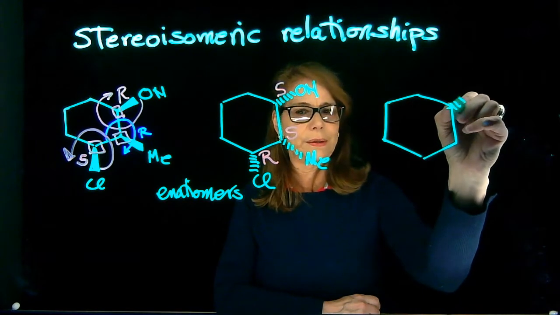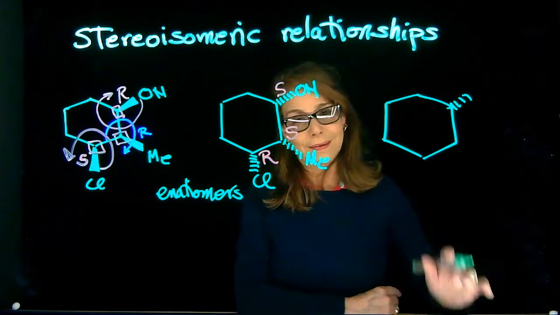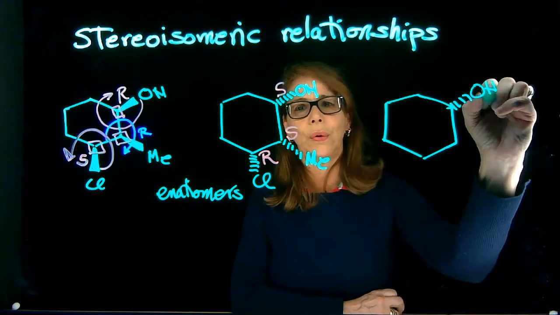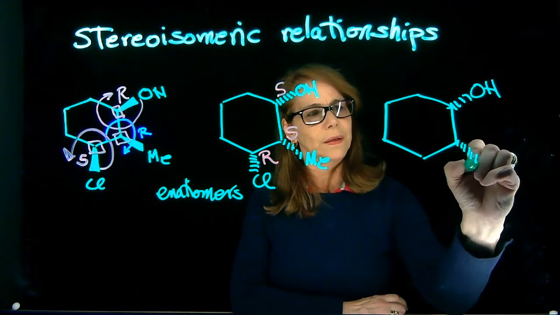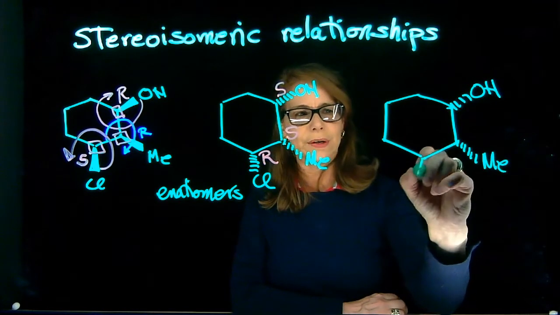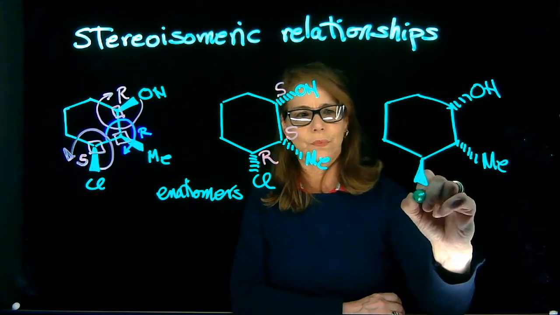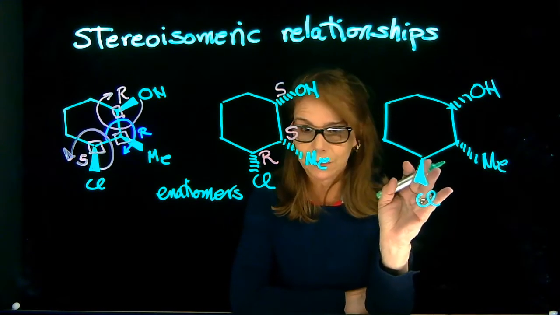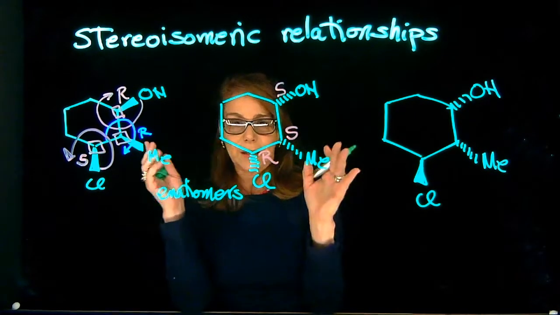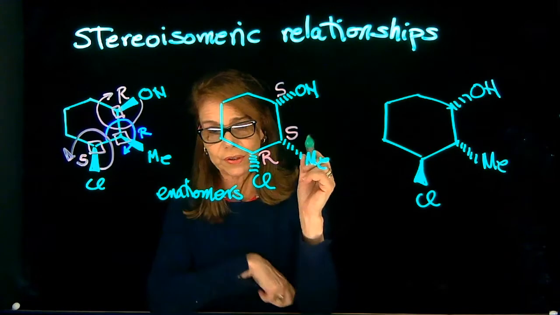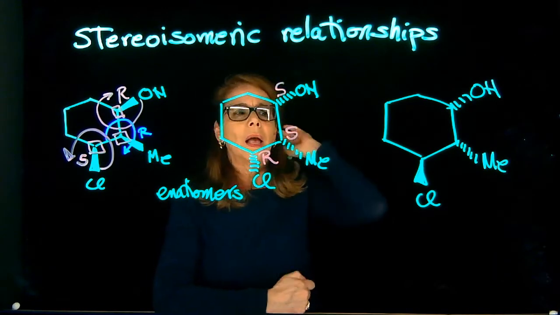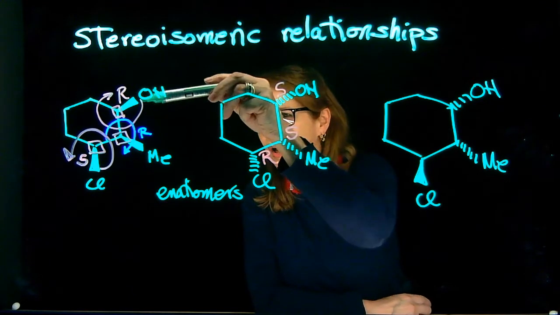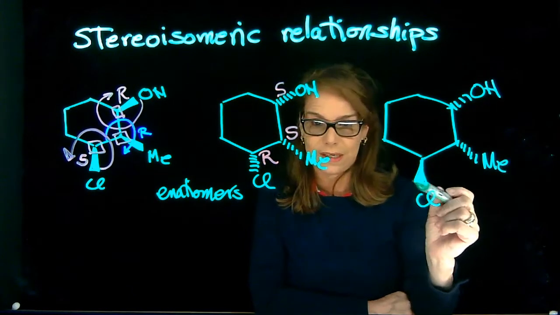Now, let's say that I have, instead of this drawing, another one, and this time I'm going to change it a little bit. I'm going to say this is OH, and this again, but I'm going to keep that chlorine here on a dash. Now notice this is not the enantiomer, because the enantiomers will have the opposite configuration at every chiral center. We have inverted relative to the first one, we inverted these two, but the other is the same.